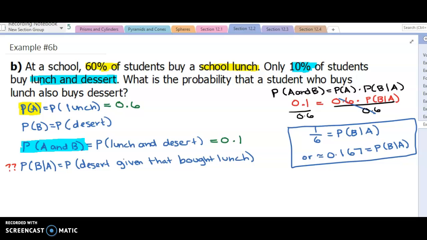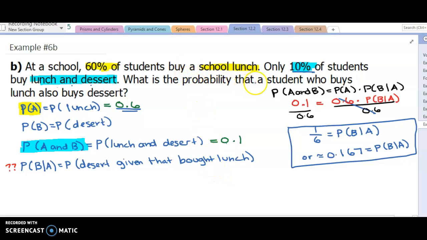This example says, at a school, 60% of students buy a school lunch. So I'm going to let my probability of A be the probability that they buy lunch, which 60% is just 0.6. Only 10% of students buy lunch and dessert. I already have a probability of lunch, so I'm going to let my probability of B be the probability that they buy dessert. Therefore, the probability of A and B is 0.1.